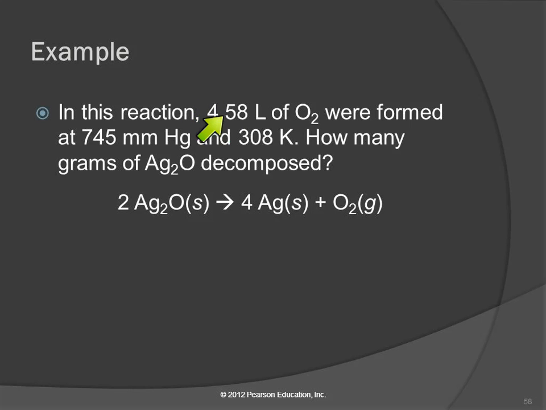So we've got a volume of oxygen, so let's write this volume under oxygen. So 4.58 liters of oxygen. And then we've got a pressure and a temperature. We could write those down there also. There's no harm in that.